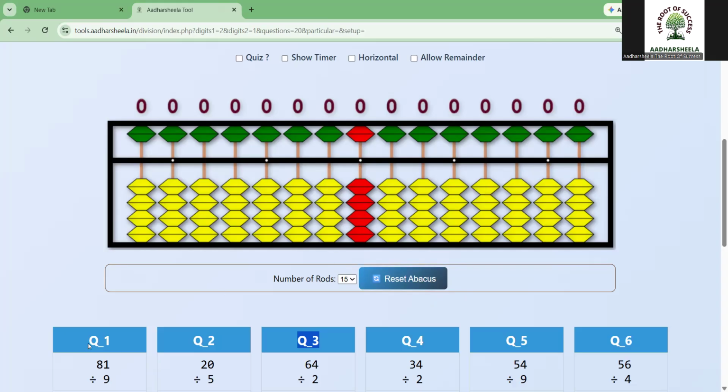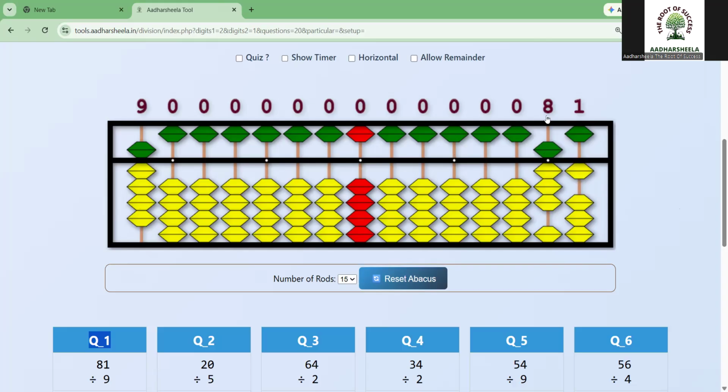And now I'm taking different kinds of examples so that it will make you clear. Now I'll take question number 1, 81 divided by 9. So here I'll make 8 and 1, divided by 9. This is a little bit different from the previous examples. Here you can see the divisor is bigger than the first digit of the dividend, right? The number is starting with the tens place, but it is not divisible by the divisor.